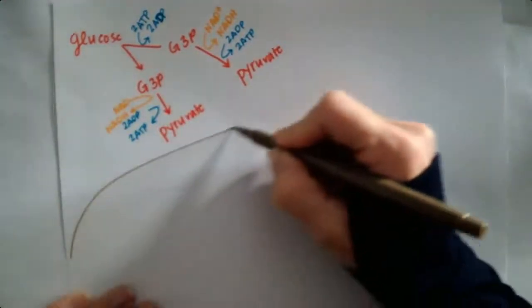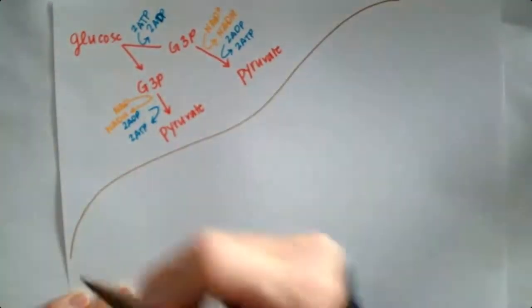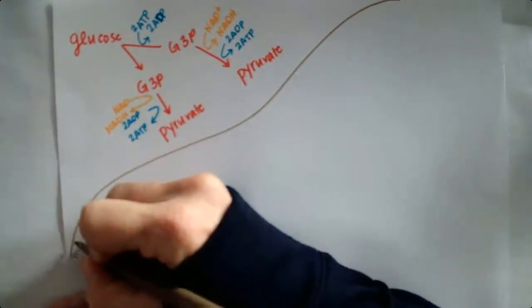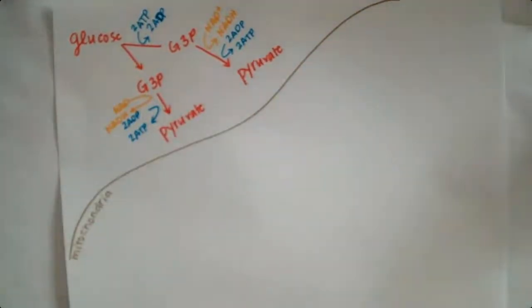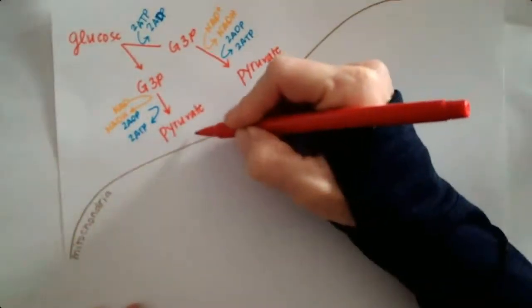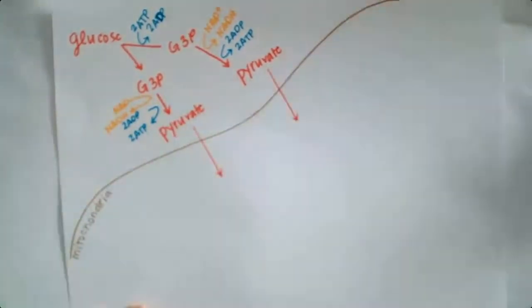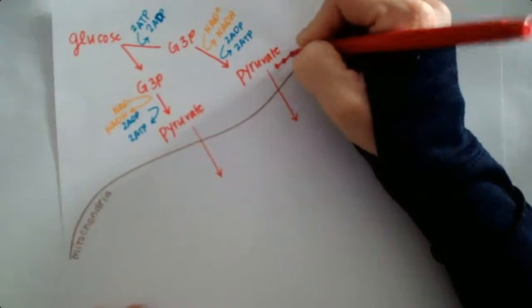These 2 pyruvate that were in the cytosol are now going to enter into the mitochondria. In this transition step, the pyruvate come in to the mitochondria as 3 carbon compounds.